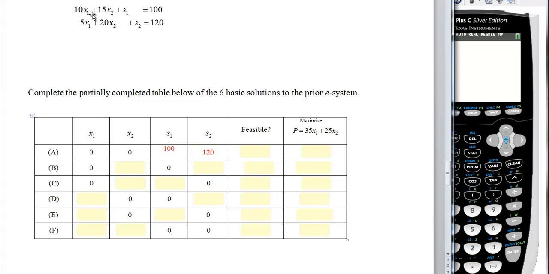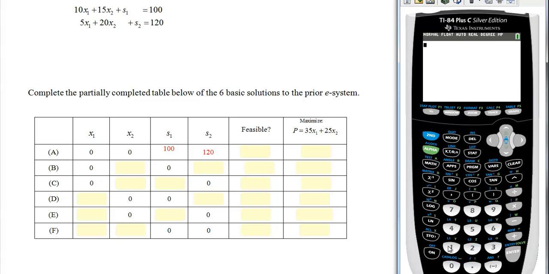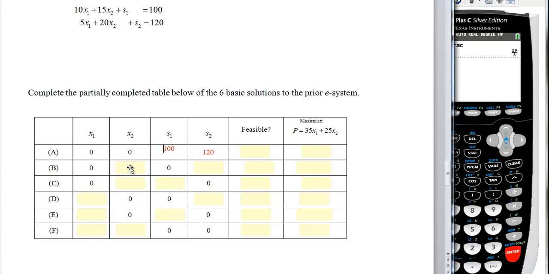X sub 1, S sub 1. So that would be 100 over 15. Let me get my calculator over here. 100 divided by 15, frac that. So 20 over 3 should be my x sub 2. And I've got to substitute that into the second one.